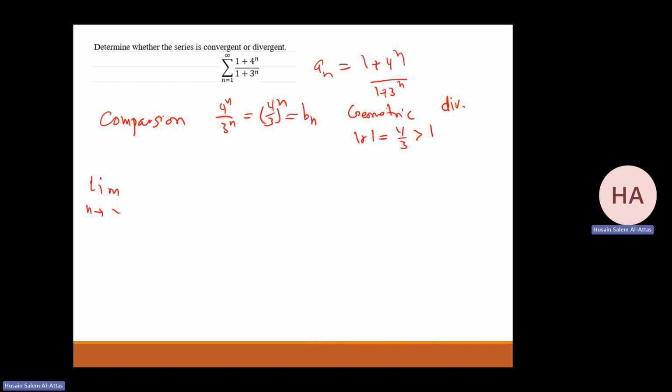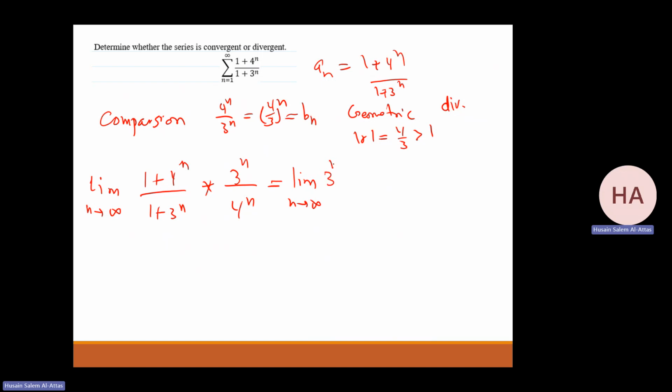Okay, so limit as n goes to infinity of 1 plus 4 to the power n, over 1 plus 3 to the power n, times the reciprocal of this, 3 to the power n over 4 to the power n. That gives me what? For sure I'm getting 1, but I want to write it the right way.